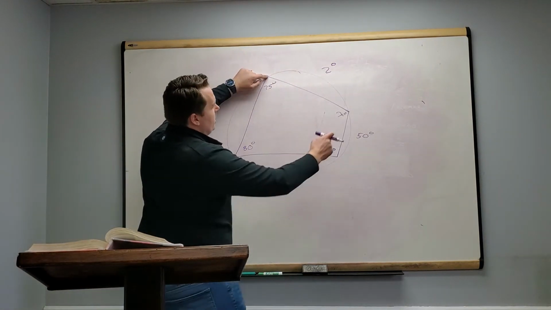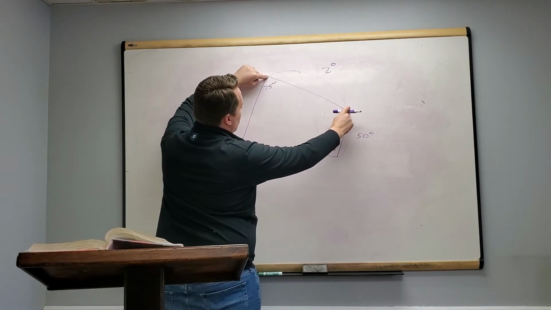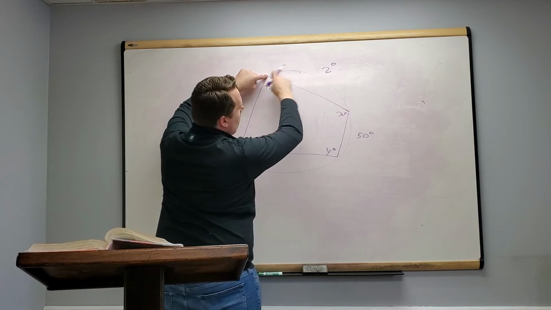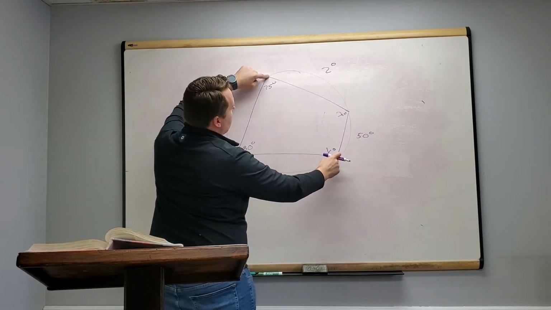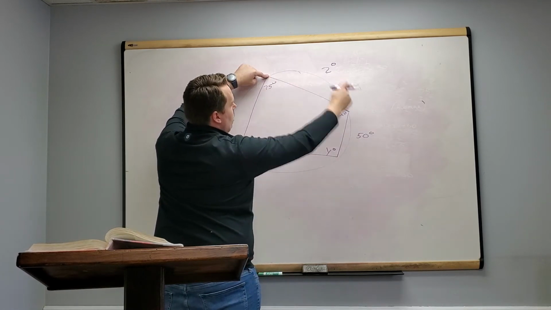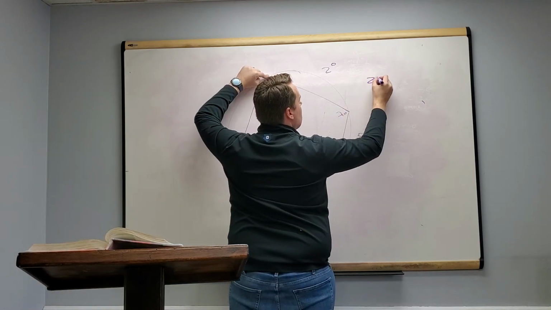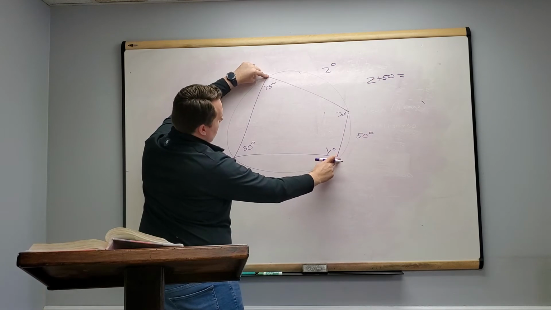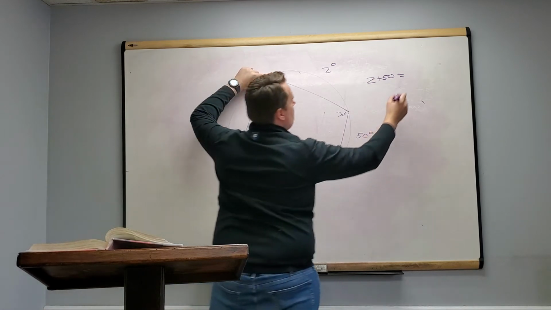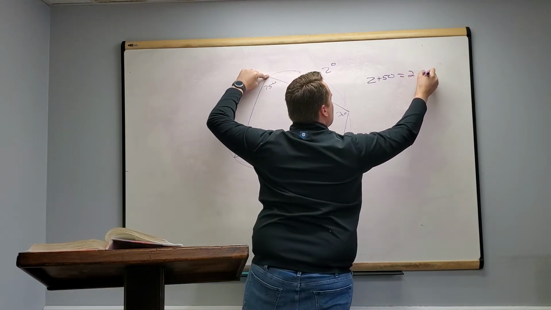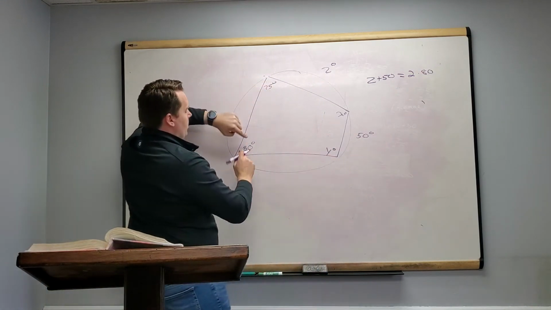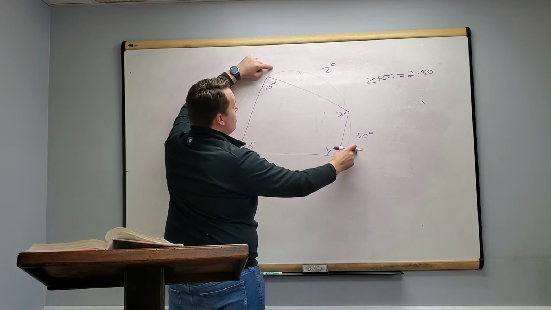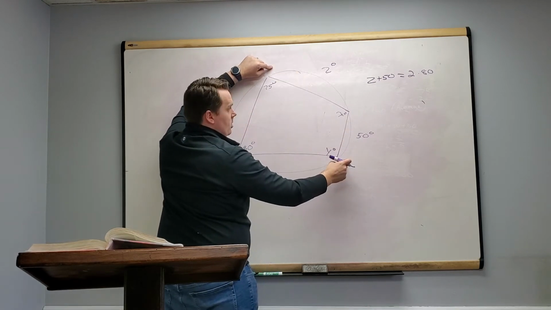If I look from z to z here, nothing really comes down to that corner. But if I include the 50, from this point to this point, I know that z plus 50 equals 2 times 80. Because remember, if it's 80 degrees right here, by the time it gets to the exterior of the circle, the degrees is going to double.